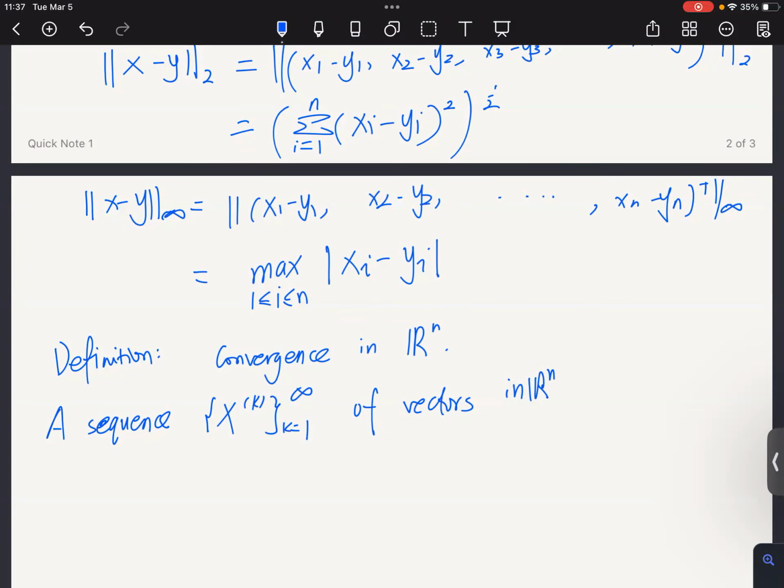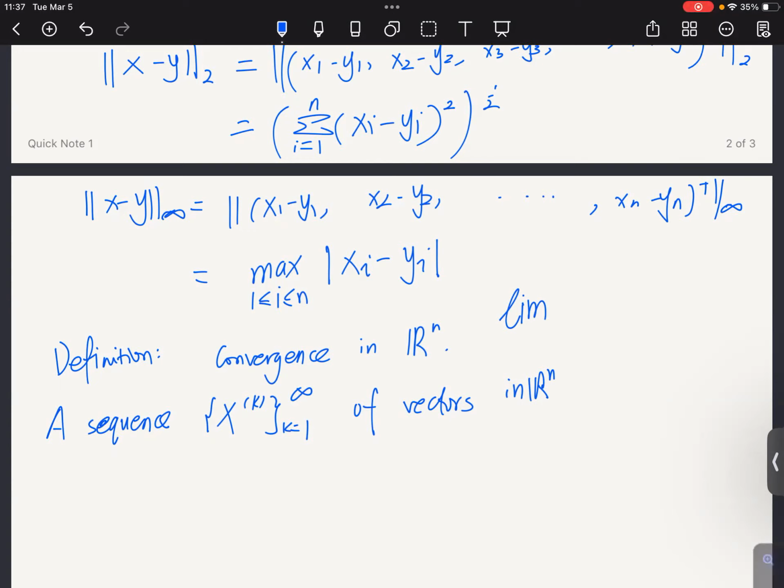Okay, good. So, a sequence of vectors. We are going to define the convergence. You have already learned the limit of a sequence of numbers in your calculus class, right?